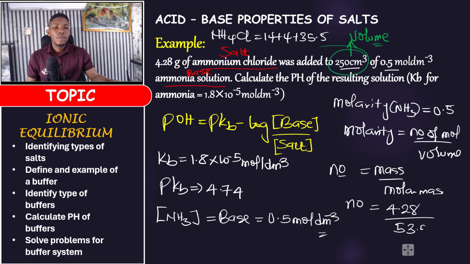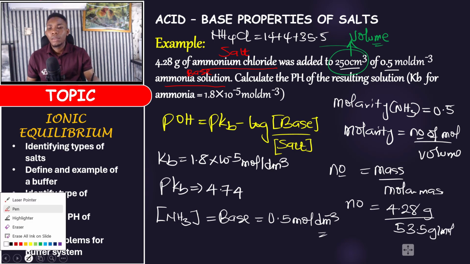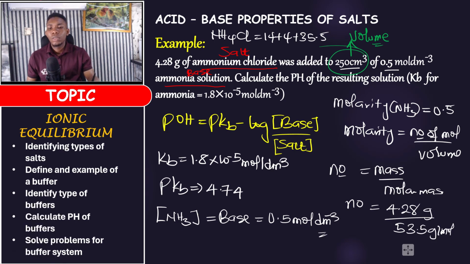So you have it as 53.5 gram per mole. Now, this gram, we cancel this gram. When we divide, our number of moles will be equal to 4.28 divided by 53.5. That will give us 0.08. All right.